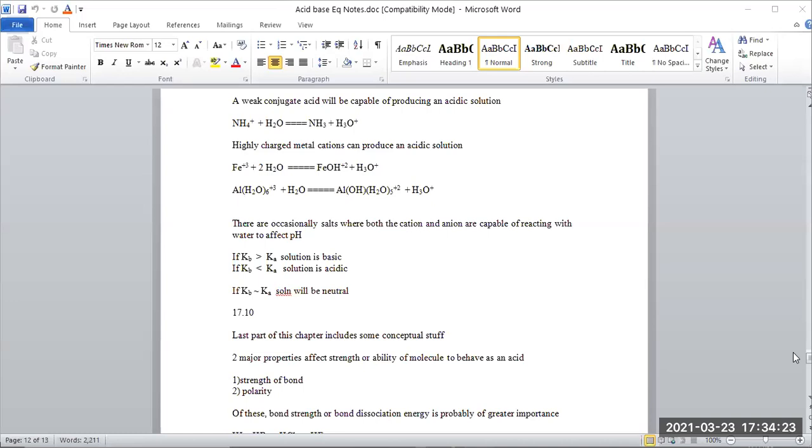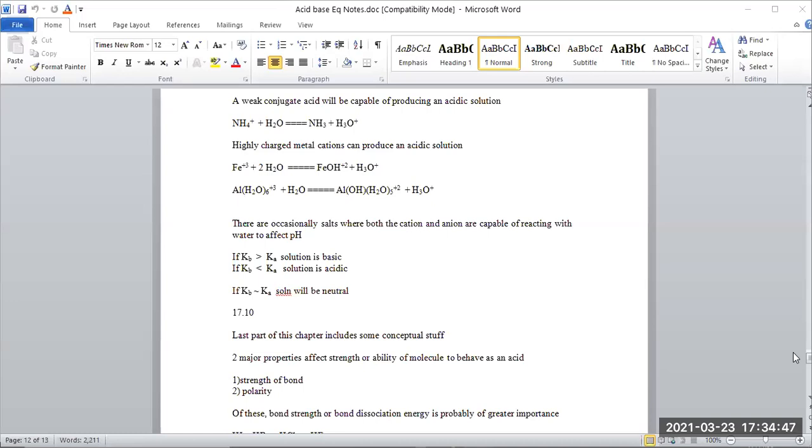hydroxides. Well, what if you took the conjugate acid part of your NH3, which is your NH4 plus, and dropped that in water, and it will react with the water, because this is all about the trading around of protons.